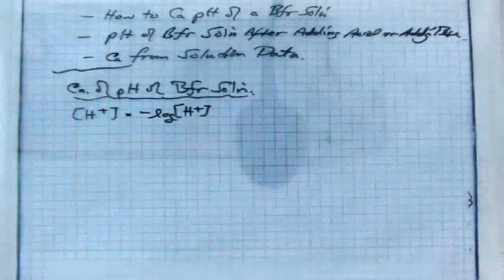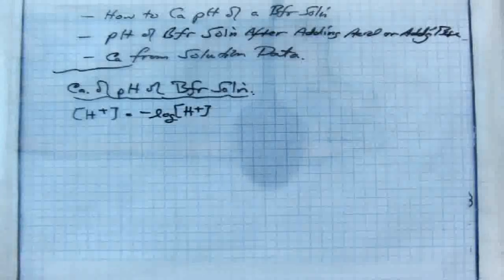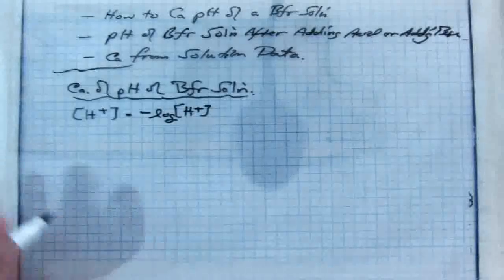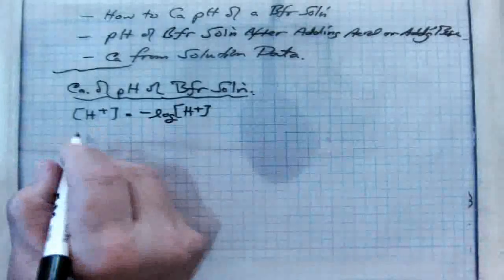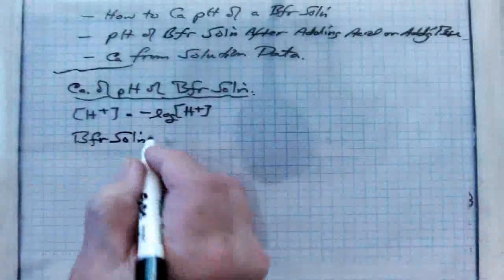Now, all of the calculations are based upon the ionization of the acid. Keep that in mind. The salt provides the common ion in the Ci row of the ice table.